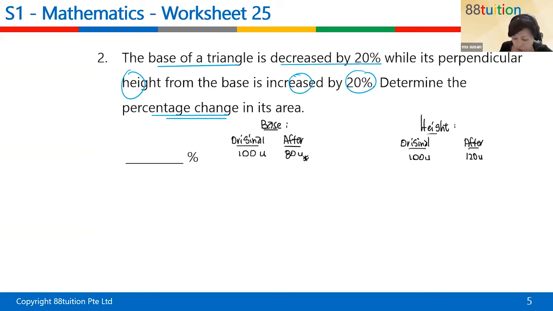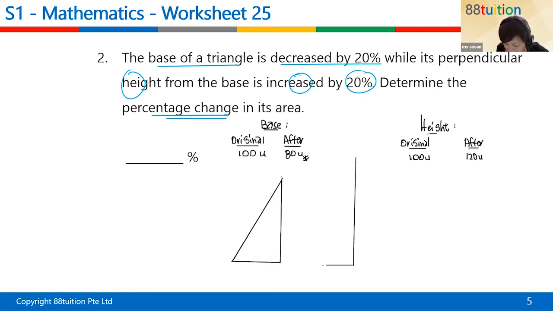If you were to draw this, for example, the base shrinks and the height increases. The height increases and the base decreases by 20%. So it will look like that.